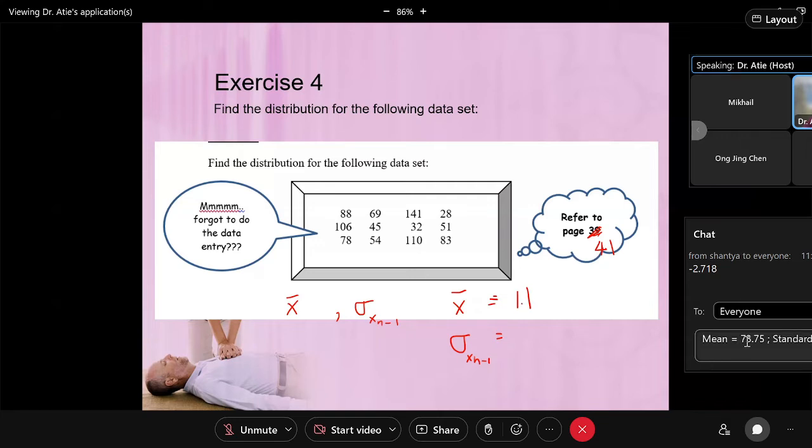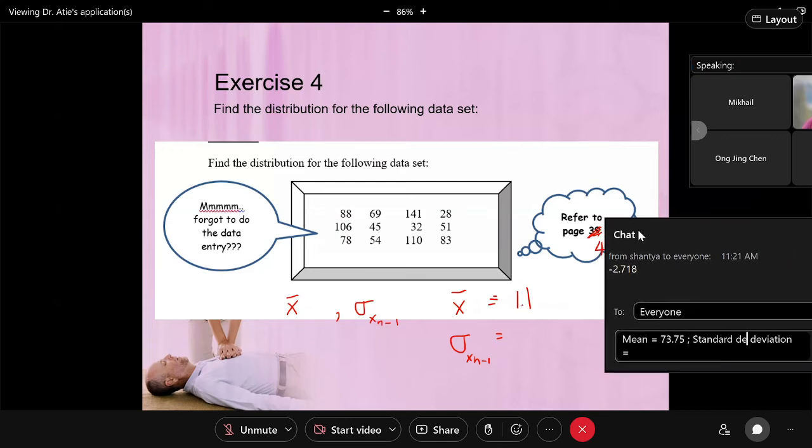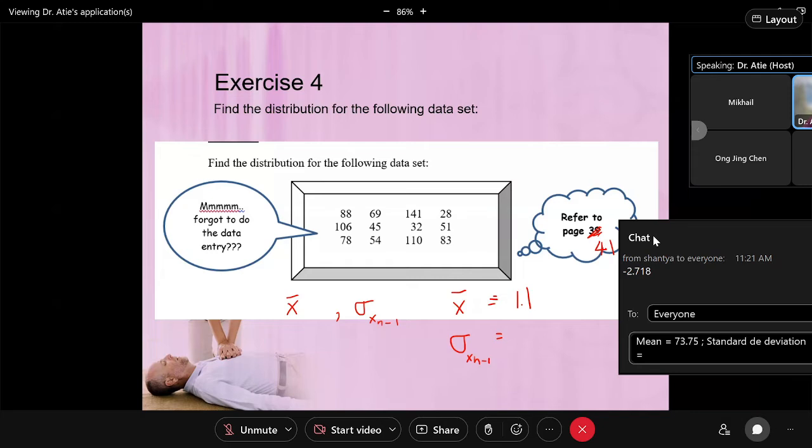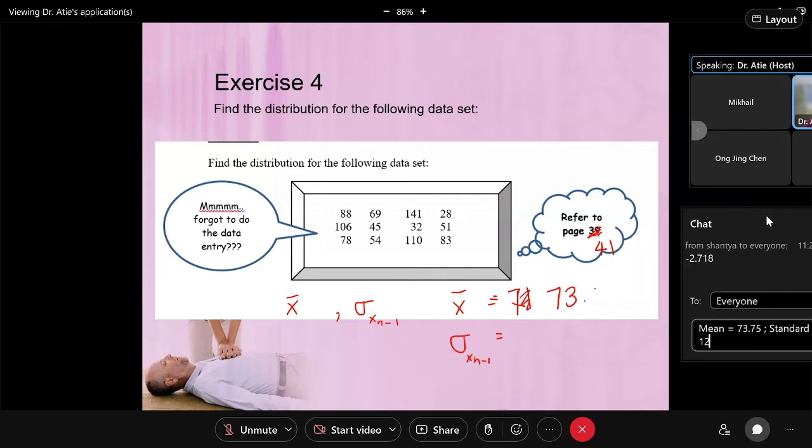Okay, the mean. Just read me the numbers. 7, 3, point 75. Okay, thank you, Mikael.